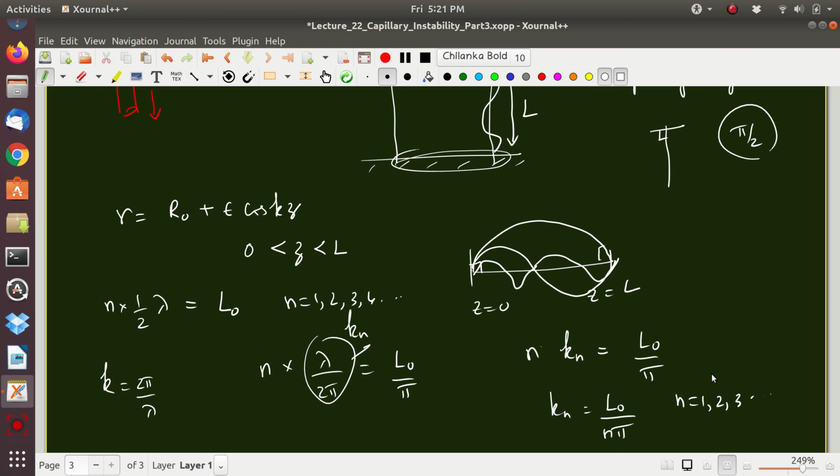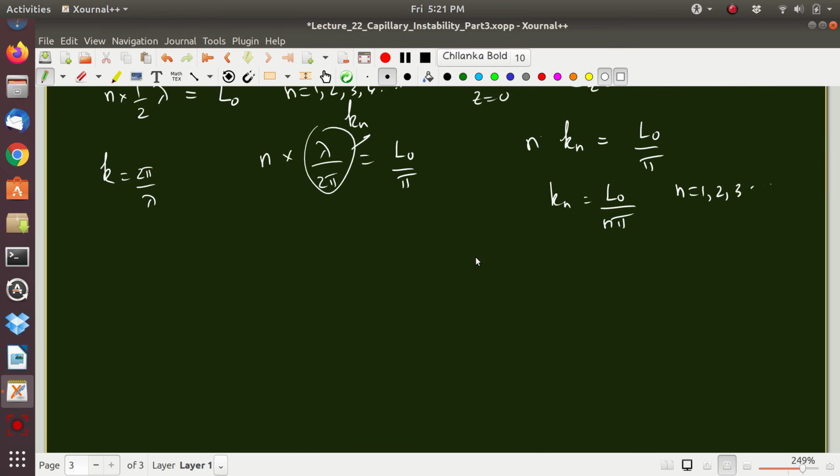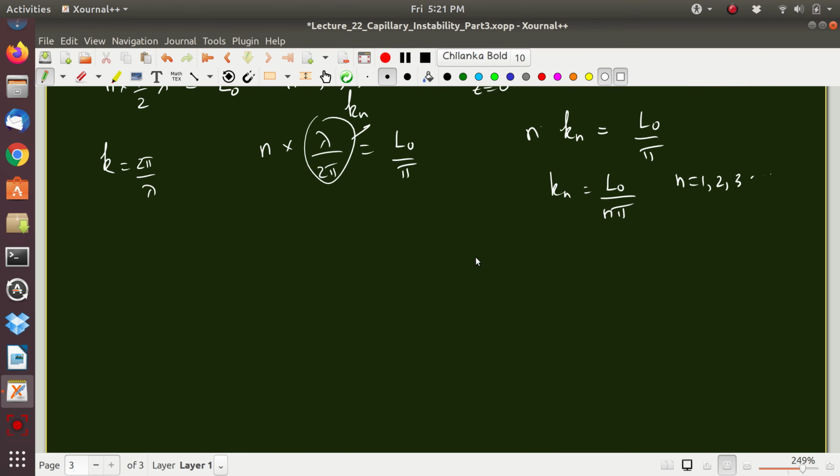So it is discretized, because of the boundary conditions at z equal to 0 and L, you can only fit a finite number of waves. This is a typical consequence of not having infinite boundaries.